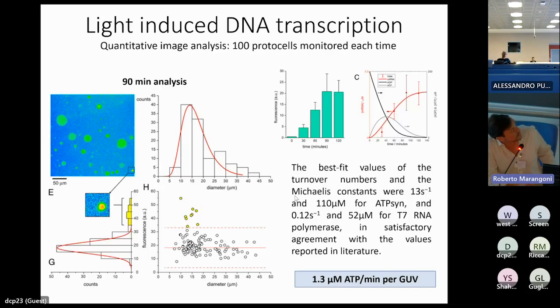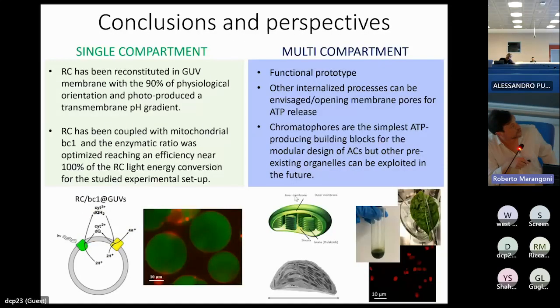This is something that is a crowding effect. Maybe Luigi mentioned this effect yesterday, I don't know, but it is always observed when you are working with small compartments. And we were also able to measure the rate of the ATP production inside our vesicles. Okay, so I'm practically finished.